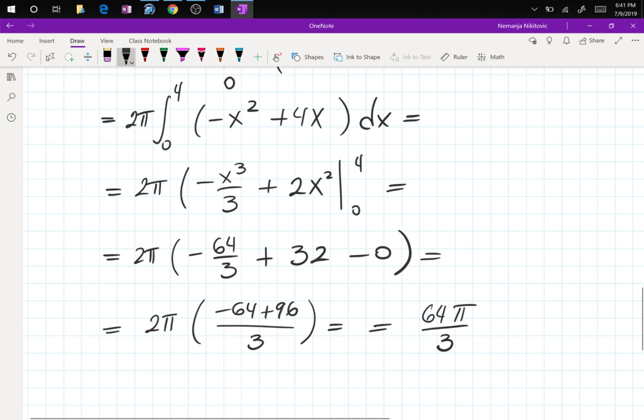Oh, times 2. Never mind. Times 2 in front, yes, in 2 pi. So 32 times 2 is 64.